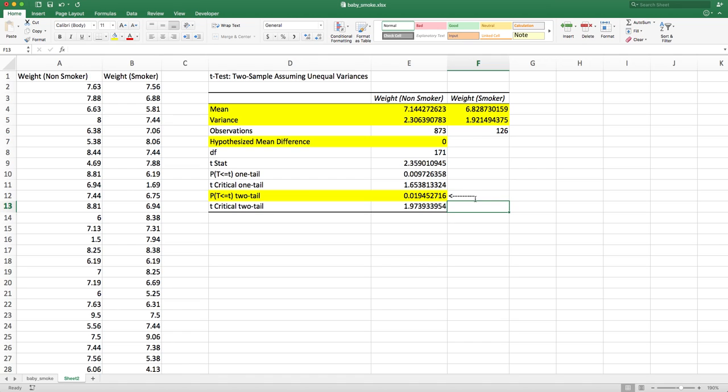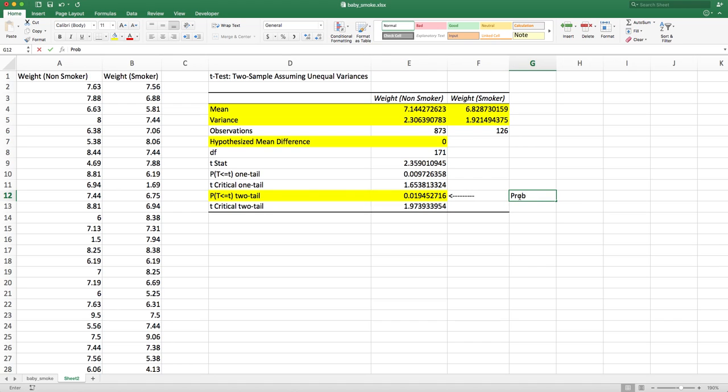This is the p-value we're most interested in. And that p-value is less than 5%. So our conclusion is that it appears that we do have evidence that the weights are different from each other. In other words, if the difference in weights is 0, then the probability of us finding our samples is about 1.9%.